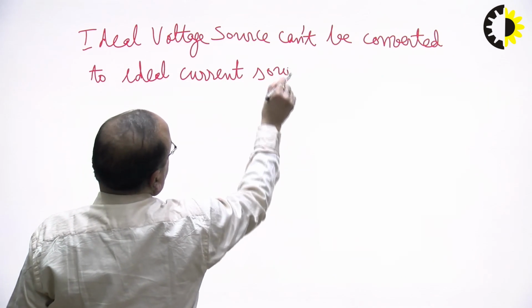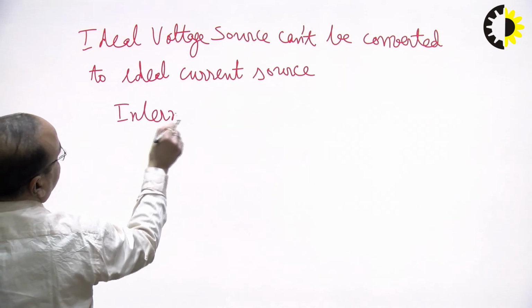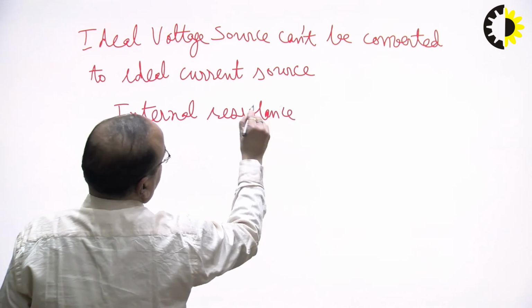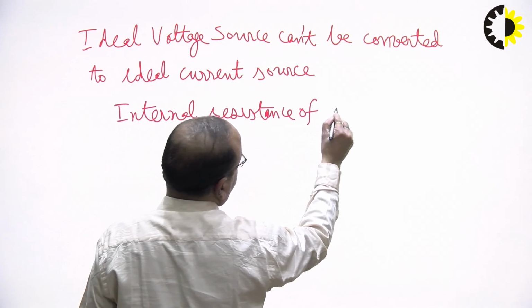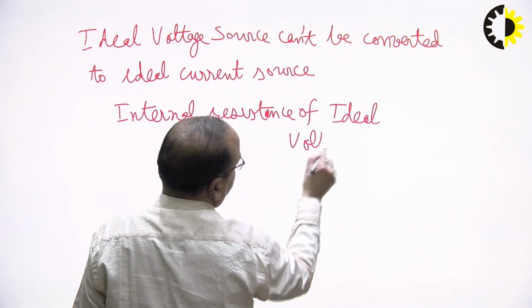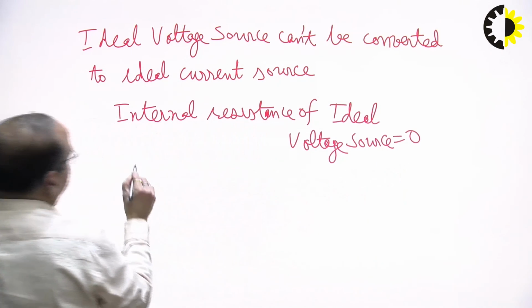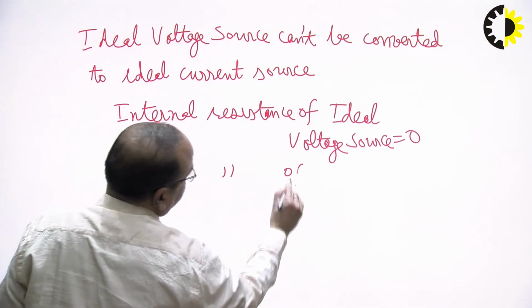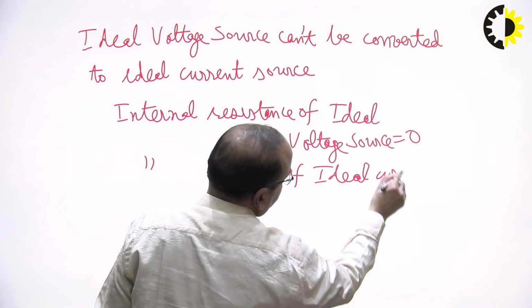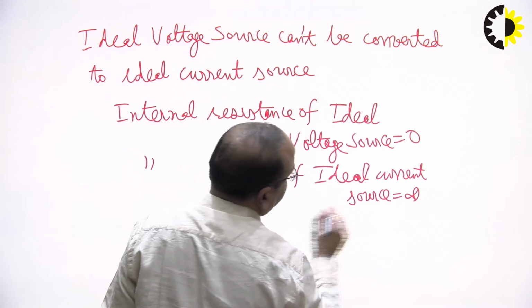The reason being, the internal resistance of an ideal voltage source is 0, while the internal resistance of an ideal current source is infinite, as per the characteristics of these sources.